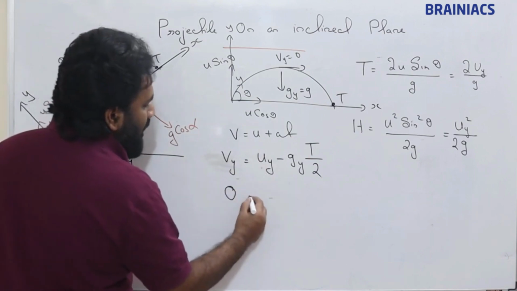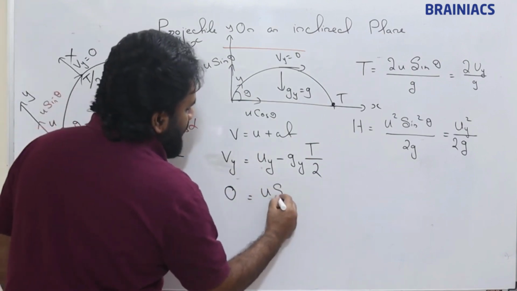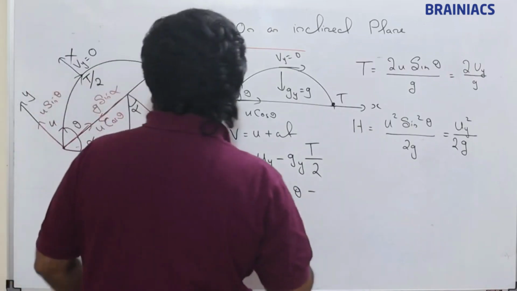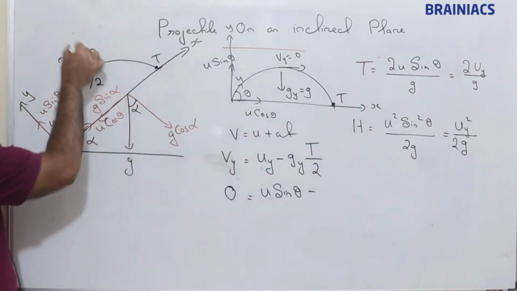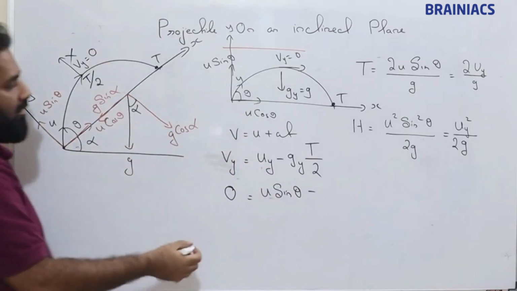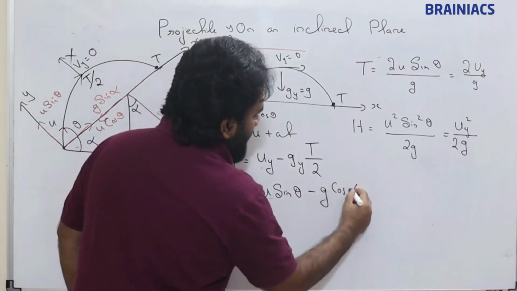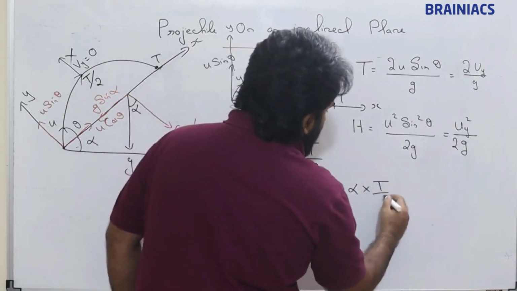Here it is 0, and uy is nothing but u sin theta minus, what is gy? Gy is, this is y, g cos alpha is acting in the minus direction, g cos alpha into T by 2.